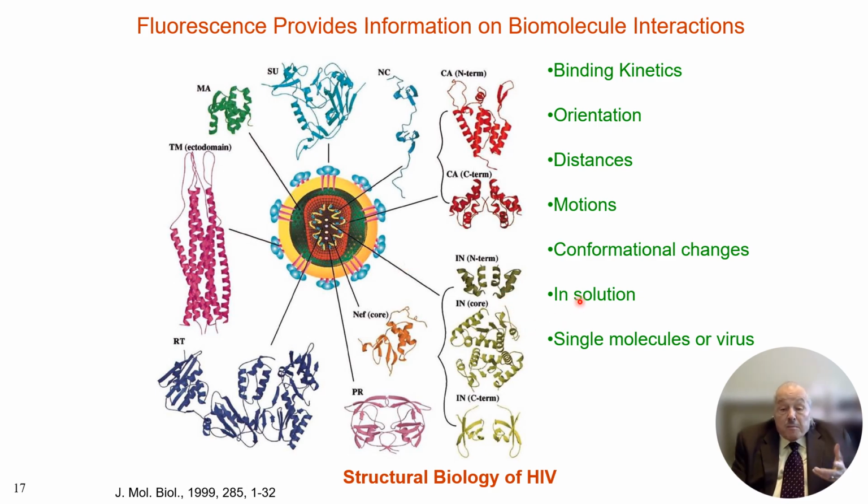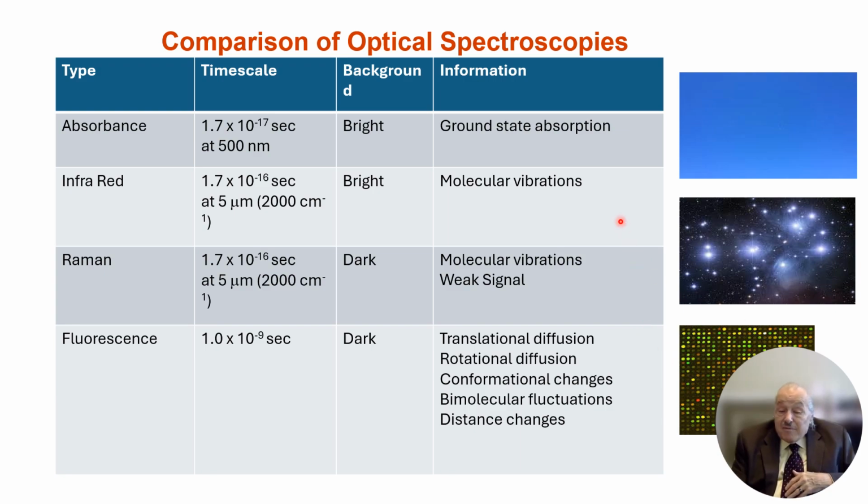There could be conformational changes in the proteins when they bind. So the list goes on and on. And the point that I wish to make here is that these processes would probably never be visible by absorption spectroscopic methods. And I have this summarized on this last slide.